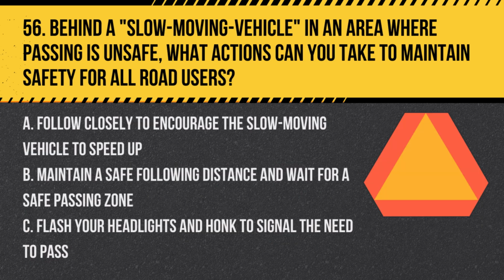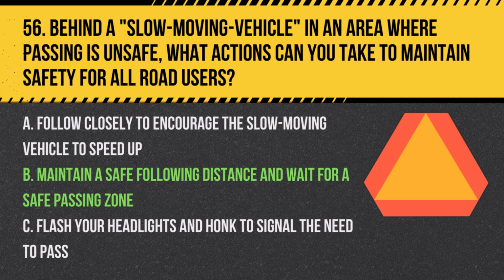Question 56. Behind a slow-moving vehicle in an area where passing is unsafe, what actions can you take to maintain safety for all road users? A. Follow closely to encourage the slow-moving vehicle to speed up. B. Maintain a safe following distance and wait for a safe passing zone. C. Flash your headlights and honk to signal the need to pass.